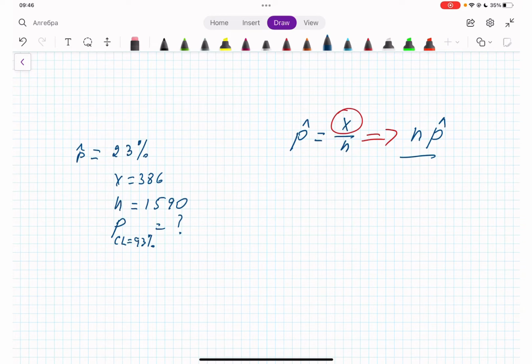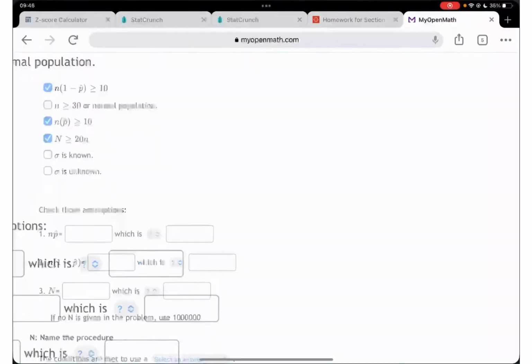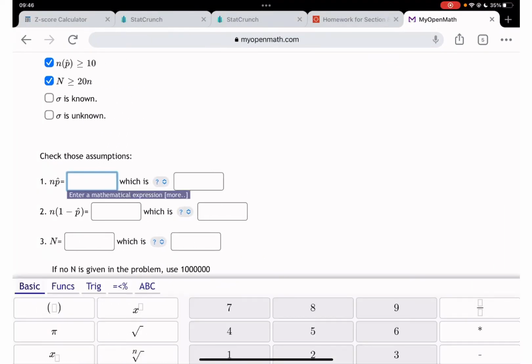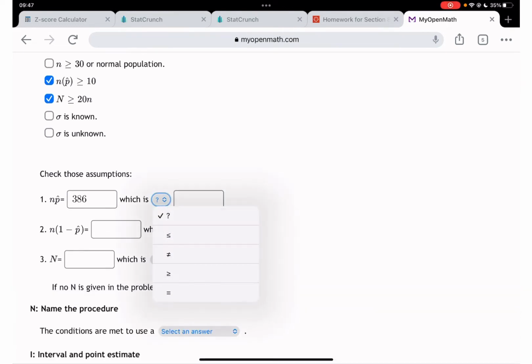We are given x is 386, so we just place 386 here. Now we check that it's greater than 10.